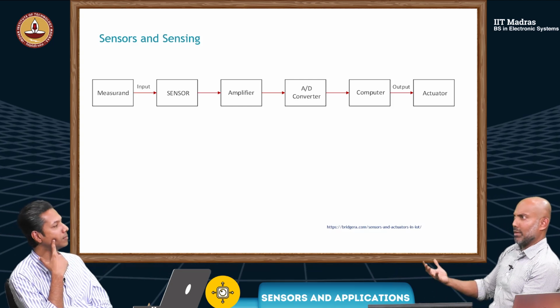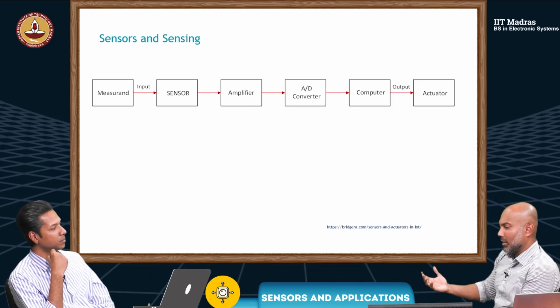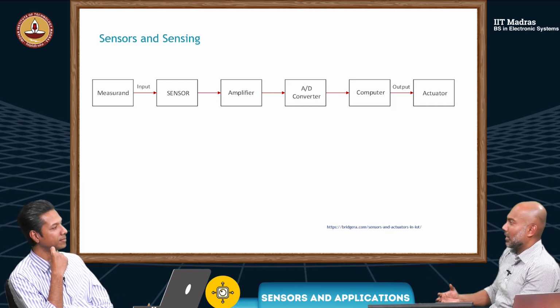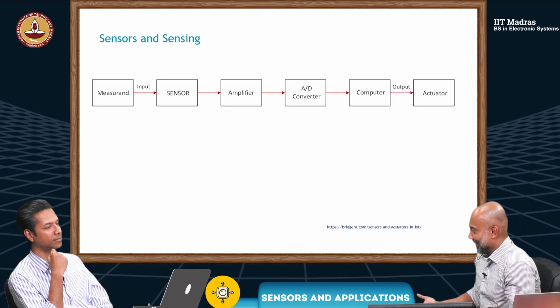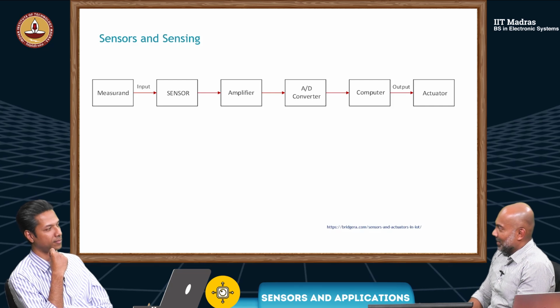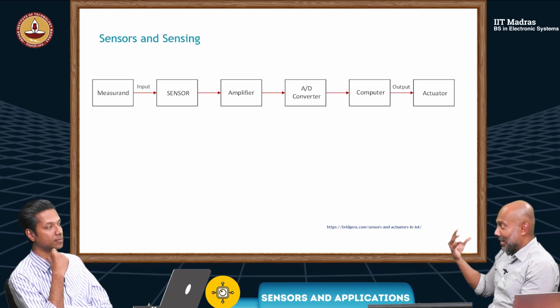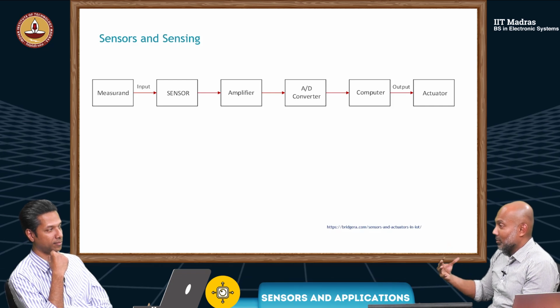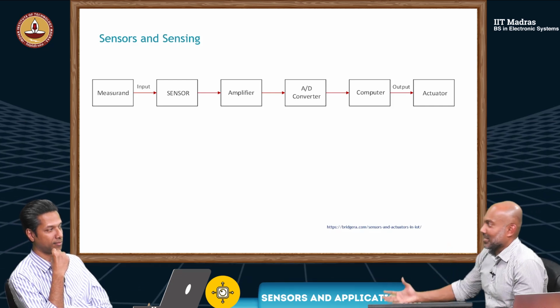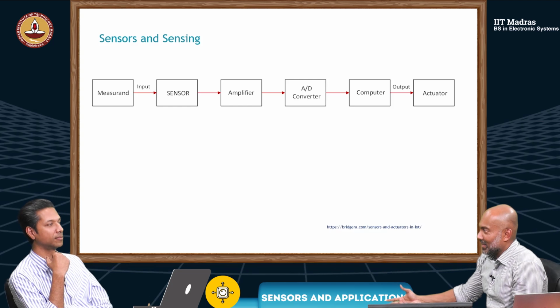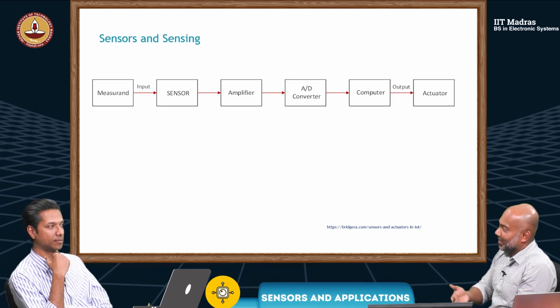When I think about an actuator, I also think somehow it has to be actuated, right? So in my mind, I imagine an actuator to somehow perform a task based on the sensor output.